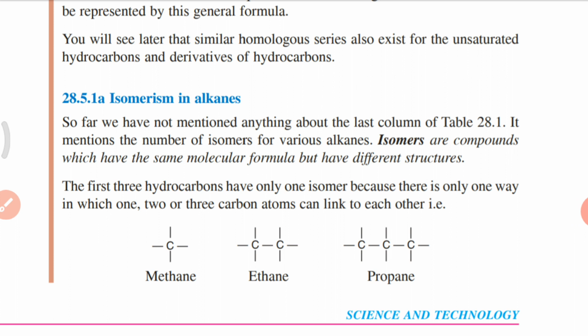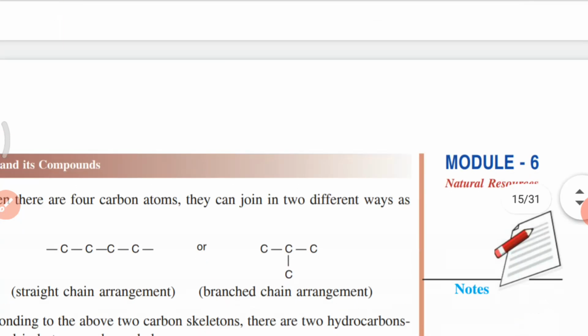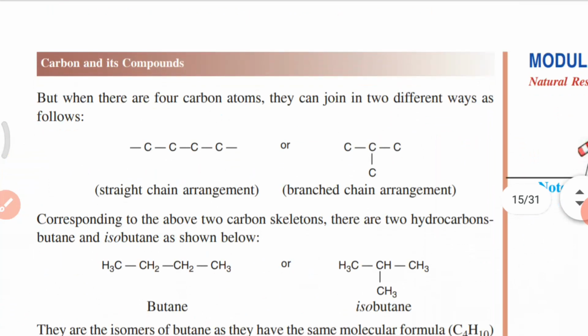The first three hydrocarbons have no isomers because methane contains only one carbon atom, ethane only two, propane only three. There is no way to change their structures. But compounds containing more carbon atoms show different arrangements.